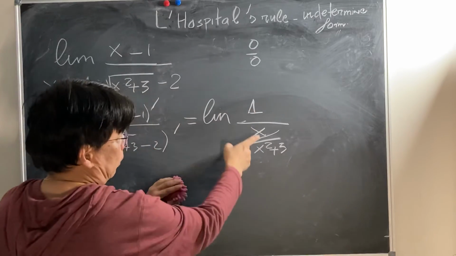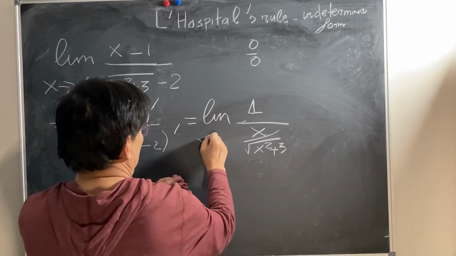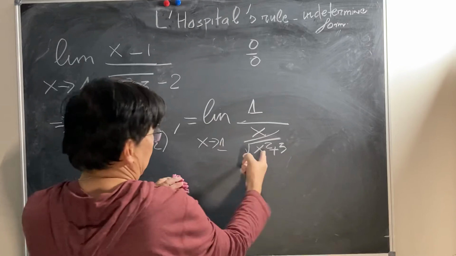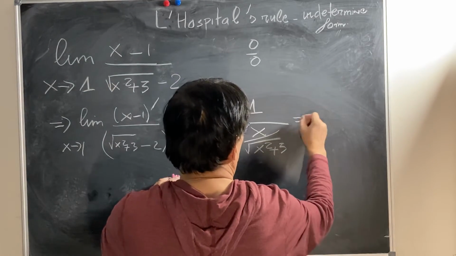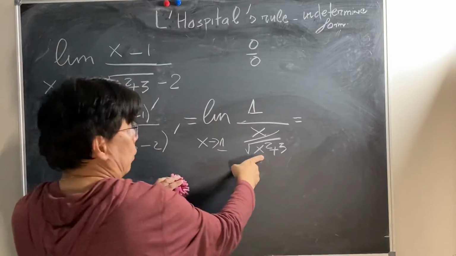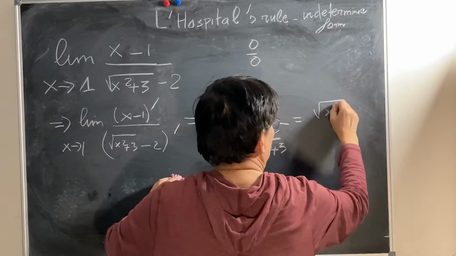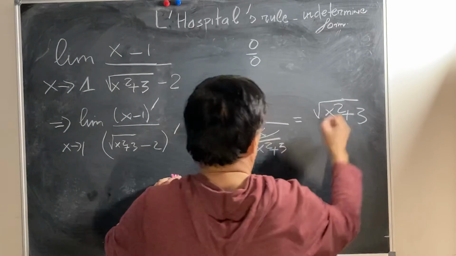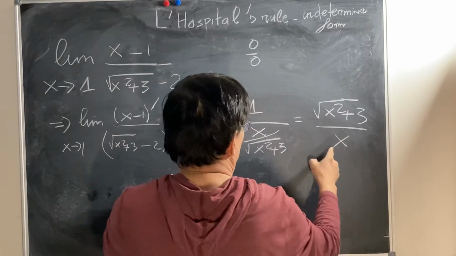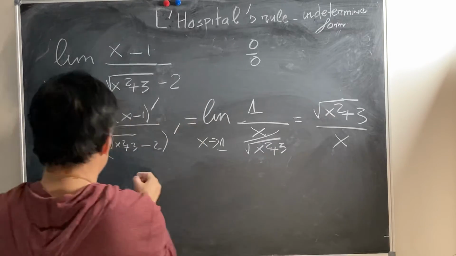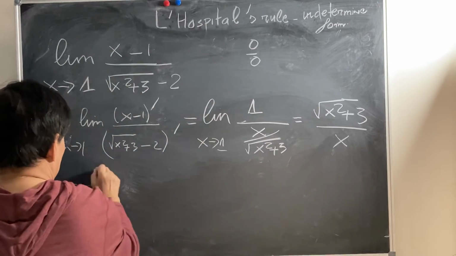So the derivative of the bottom is x divided by the square root of x squared plus 3. Then 1 divided by that: just flip the denominator. You will have the square root of x squared plus 3 on the top and x on the bottom. And you substitute x equals 1 right there.